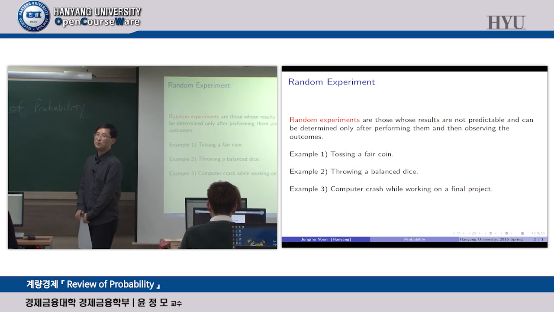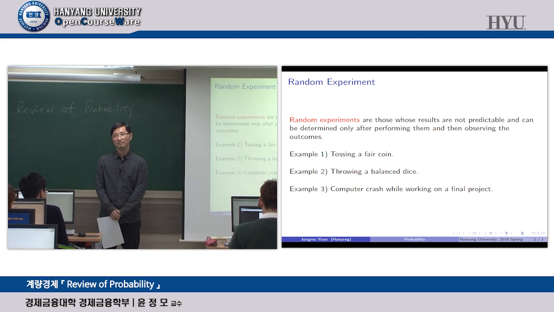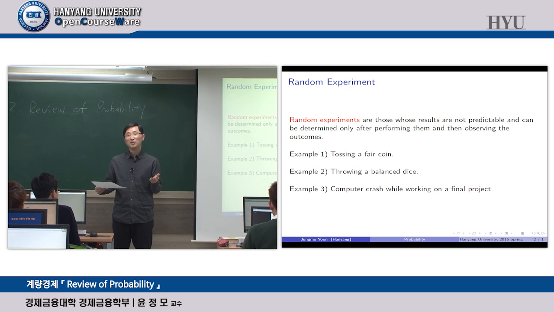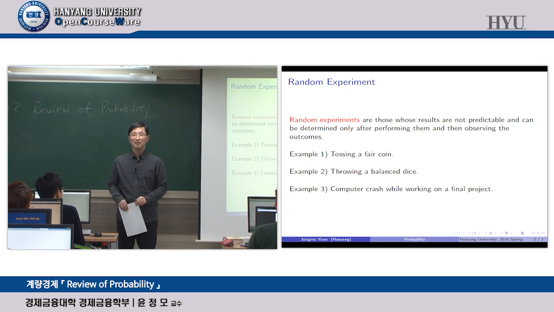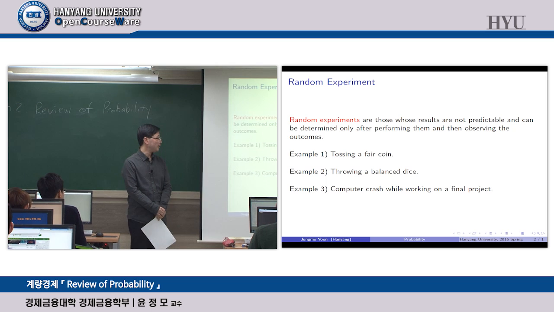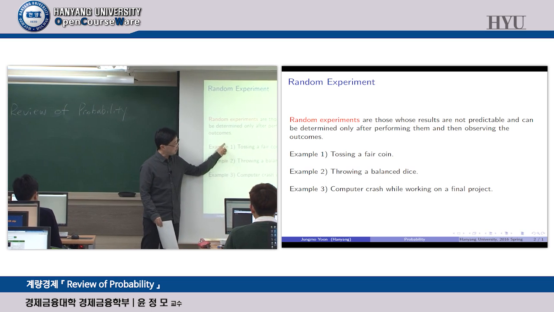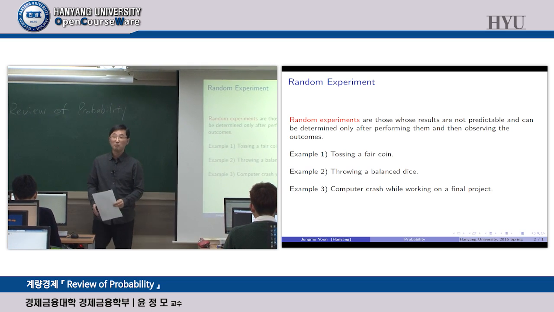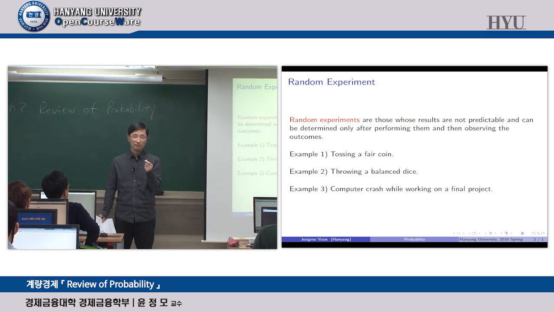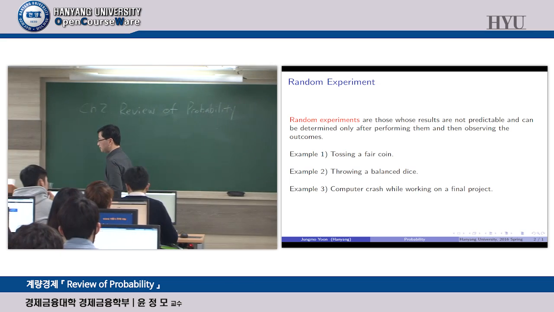Is it a random experiment? Before you finish it, you never know, right? But once you finish your project, do you know the outcome? So it's a random experiment. We define probability on a random experiment. If something is not a random experiment, it's better not to think about probability.